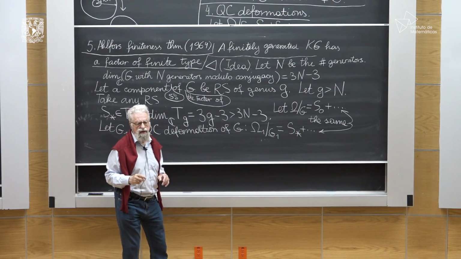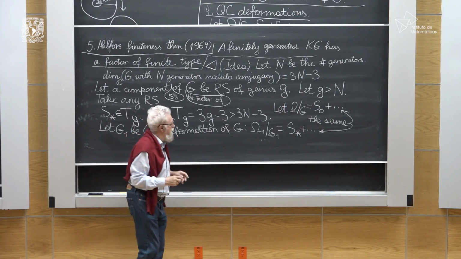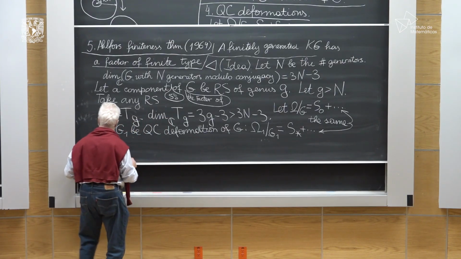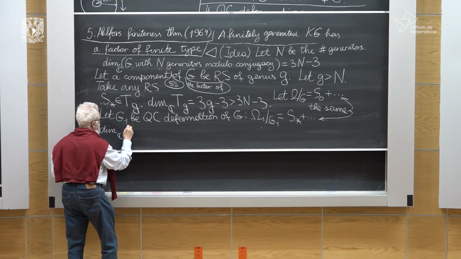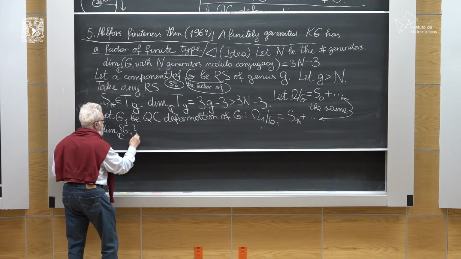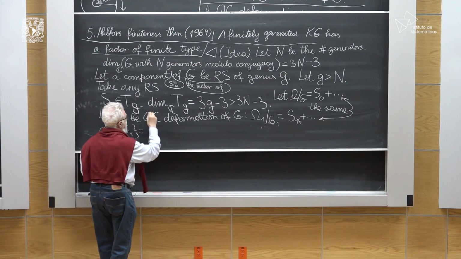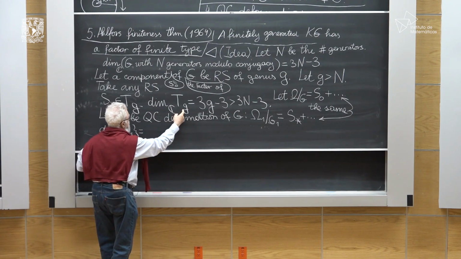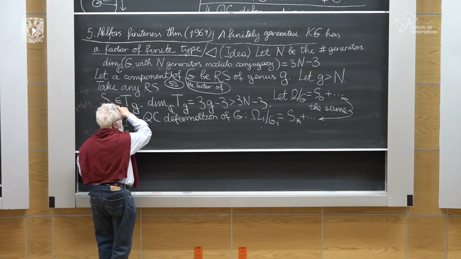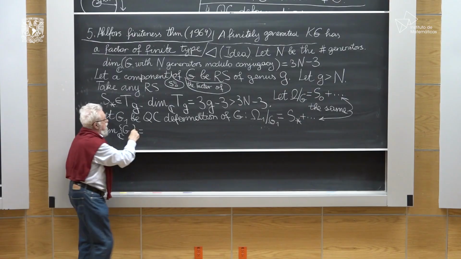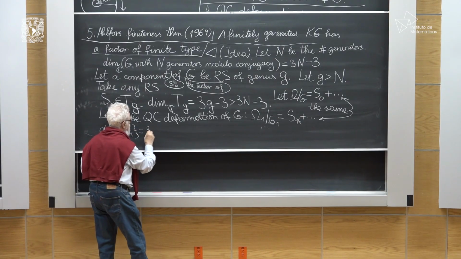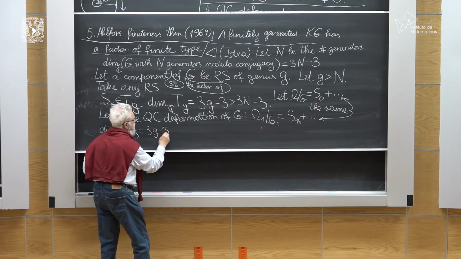The dimension of the set of the groups G1 thus obtained will be equal to the dimension of the component S star, which is 3g minus 3.